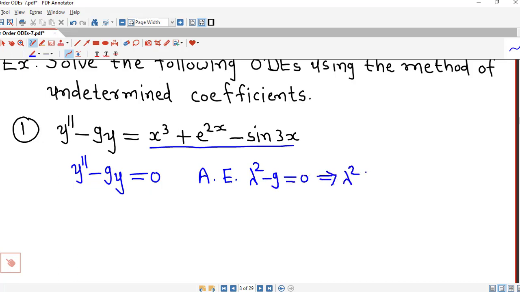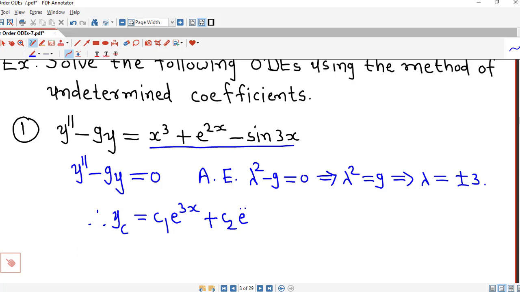This gives lambda square equal to 9, that is lambda equal to plus or minus 3. Therefore the complementary function is c1 e raised to 3x plus c2 e raised to minus 3x.